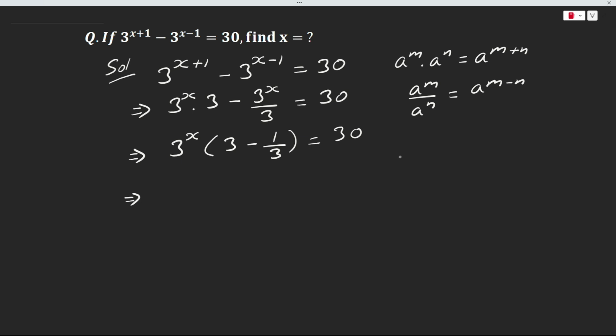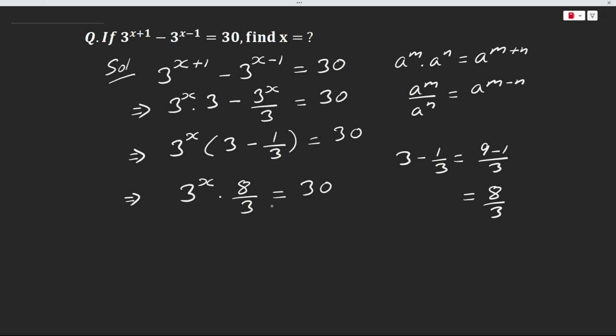On solving 3 minus 1 by 3, we get 9 minus 1 by 3 equals 8 by 3. We can write this as 3 raised to the power x times 8 by 3 equals 30.